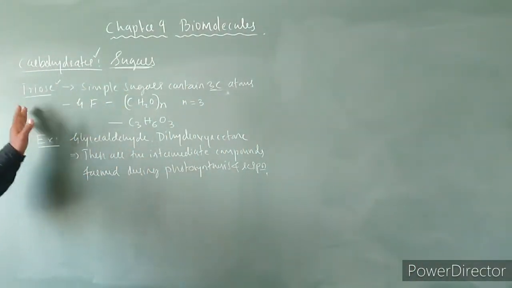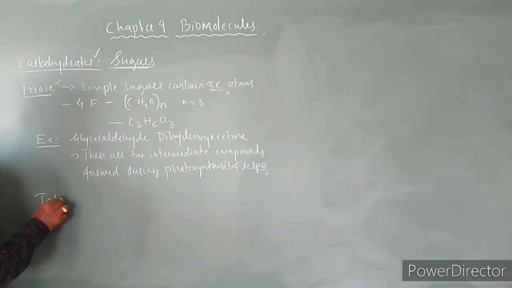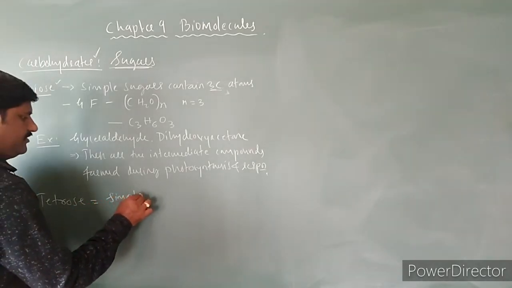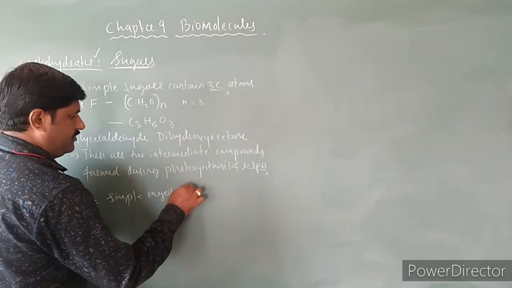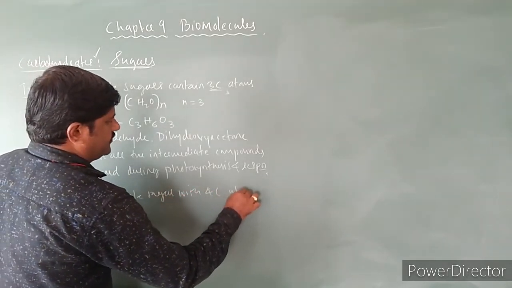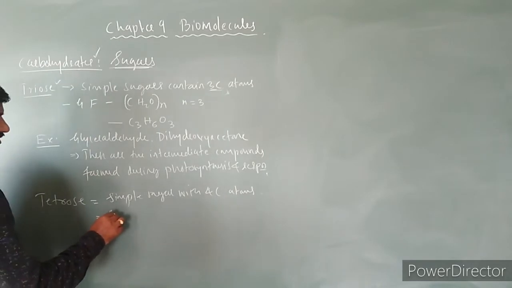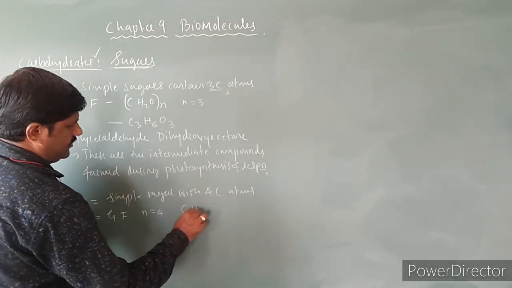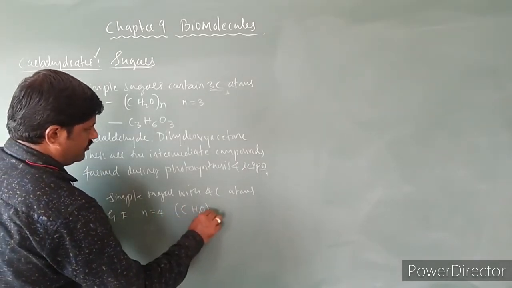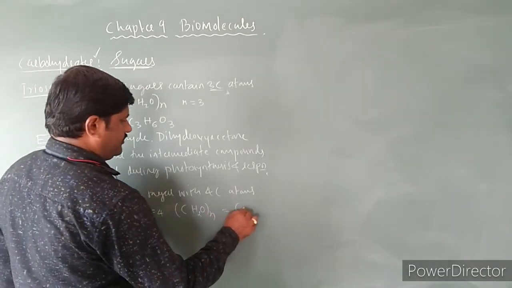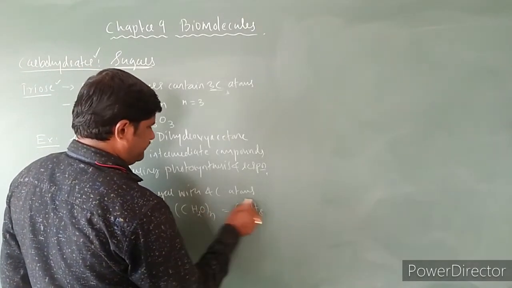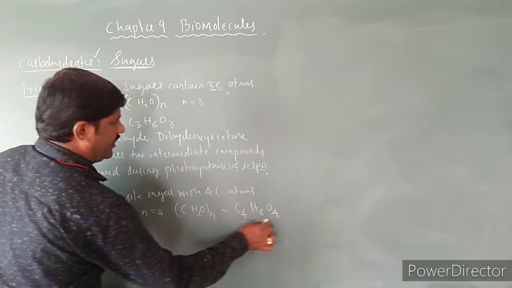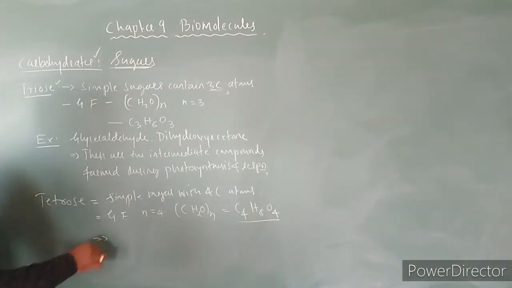So these are triose. And the next one is tetrose. These are simple sugars with 4 carbon atoms. The general formula is (CH2O)n. So if n equals 4, then C4H8O4 is the tetrose sugar formula.